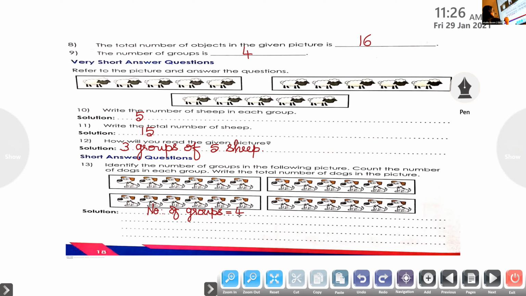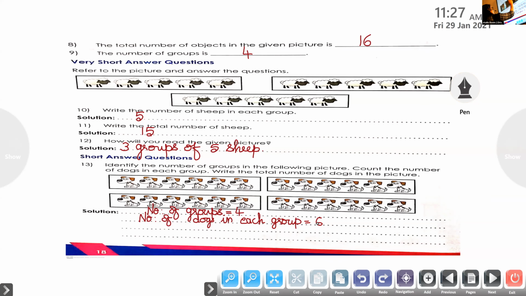Number of dogs in each group is equal to, how many dogs are there? 6. Yes. Good. Number of dogs in each group is equal to 6. Good.